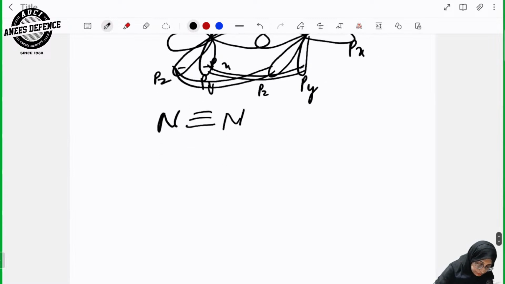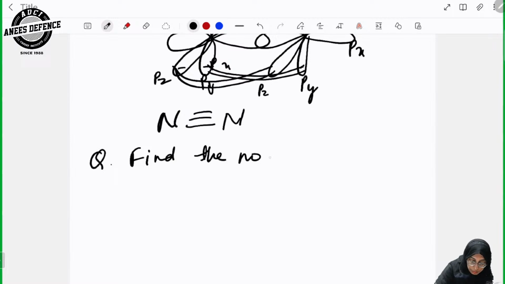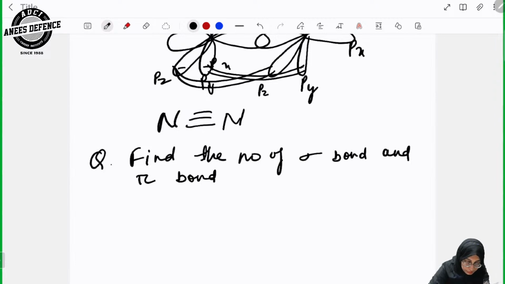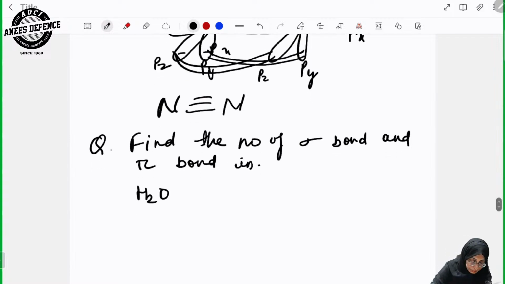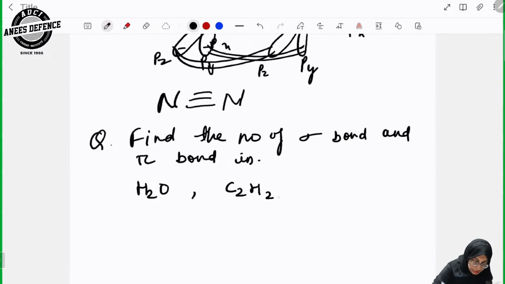Now the question here is: find the number of sigma bonds and pi bonds in H2O, C2H2, and NH3. How will we find?